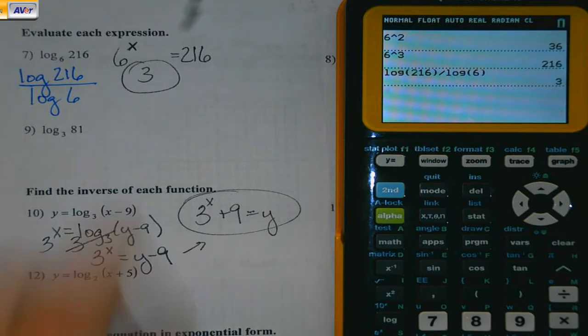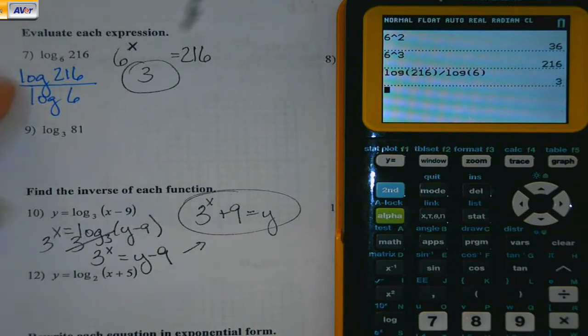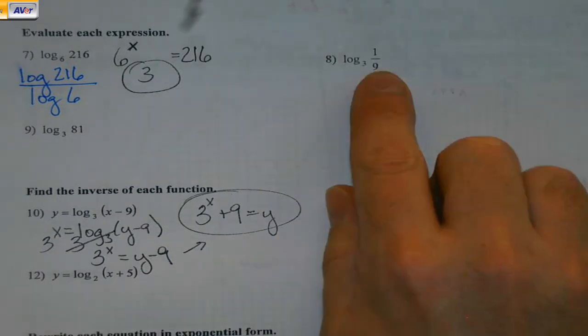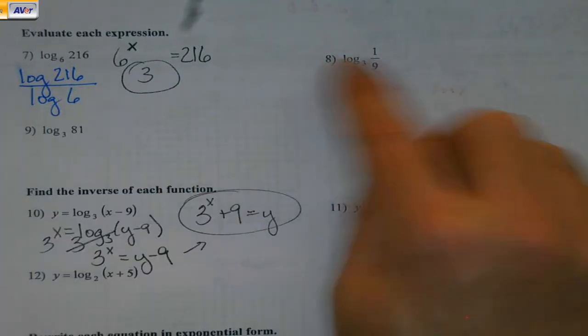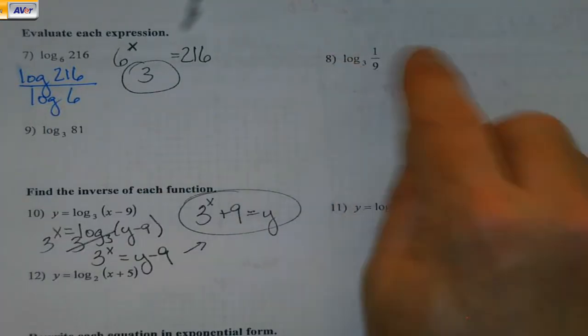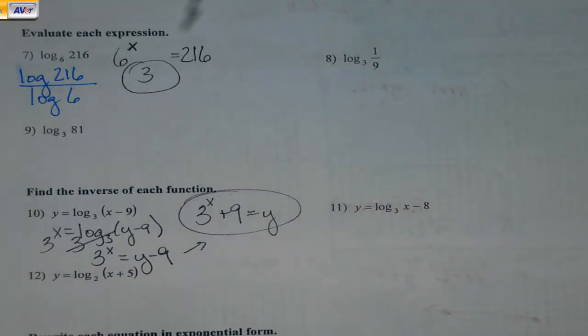If you can do mentally this to what power equals that, super. If you can't, we use change of base, and that's not going to change order. Okay? The value of the number order here doesn't change what we do. I still here would do log of 1/9 divided by log of 3. Log of big divided by log of little, just to get some practice.